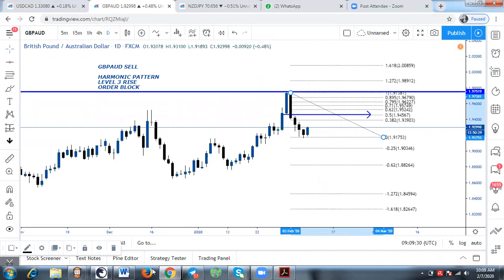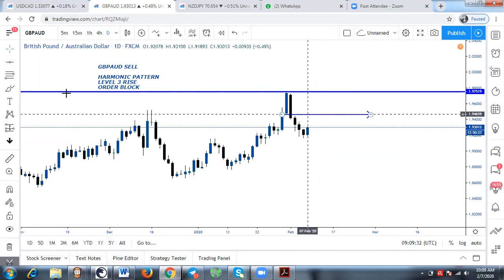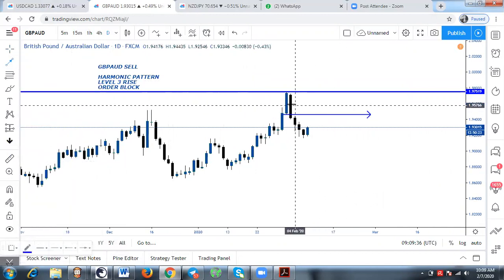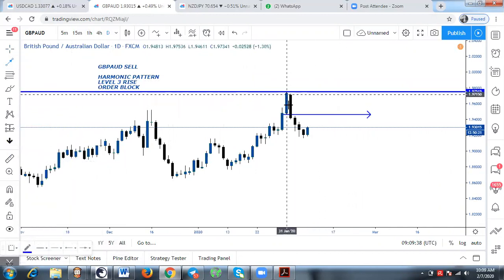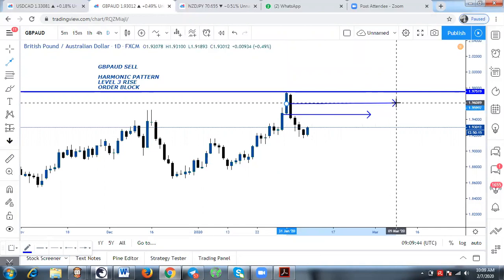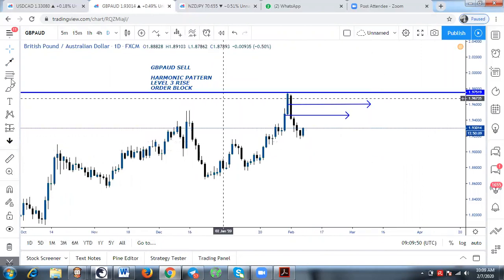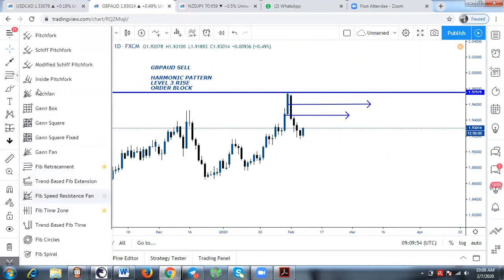So if price doesn't reverse here, the next line we're going to be looking at entry is 50%. Just take 50% of this candle. So this will be targeting this for our next entry. Then of course this is daily time frame, so stop loss is going to be somewhere.